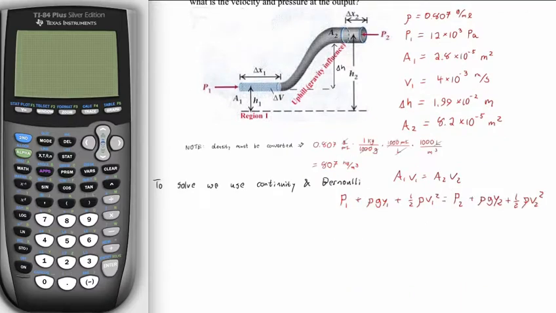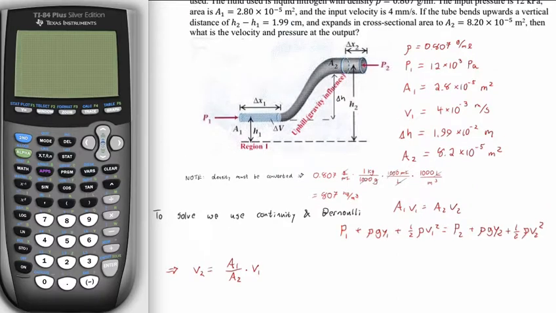Rearranging, let's plug in our known values. In continuity, we have both A1 and A2, so we simply need to solve for V2, our only unknown. V2 is A1 divided by A2 multiplied by V1. That's one of the things we were asked to solve for, the velocity and pressure at the output.